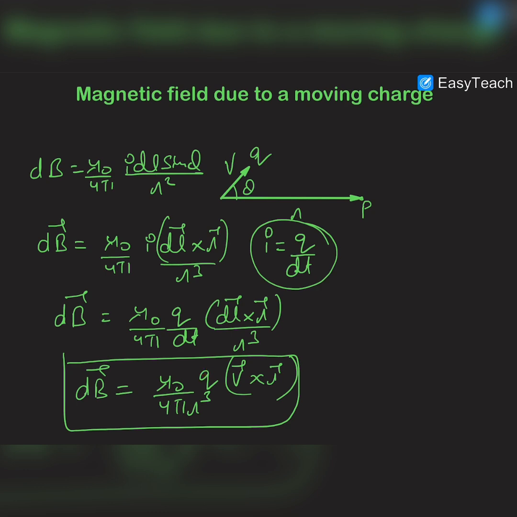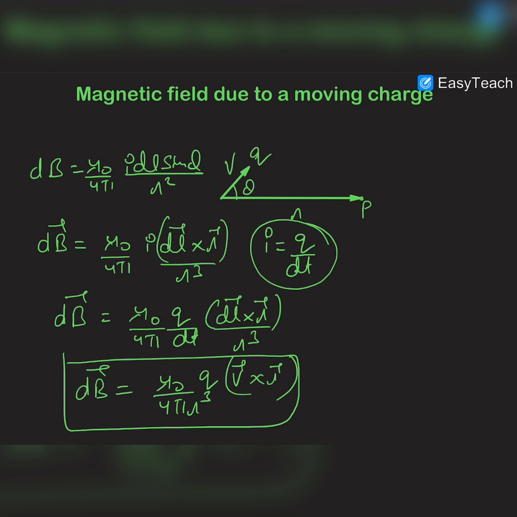If this charge is negative, then the direction of magnetic field will reverse, and obviously we know that the direction of magnetic field will be perpendicular to the plane containing V and R. In this case, V is like that and R is like that, and they both are situated in the plane of the screen.